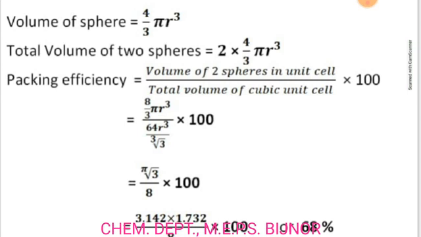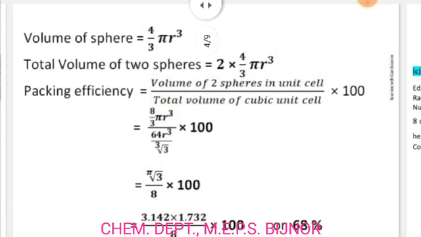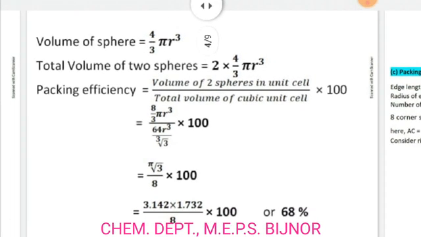We put the values: 8/3 pi R cube is the volume of 2 spheres in the unit cell, divided by the total volume of the cubic unit cell, which is 64 R cube divided by 3 root 3, multiplied by 100. Students, after the calculation, the packing efficiency of the body centered unit cell is 68%.